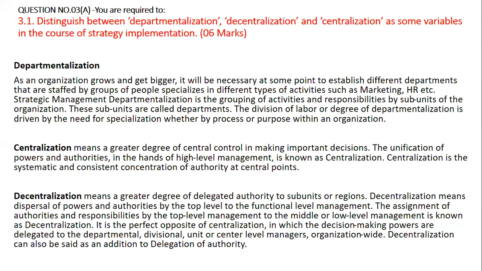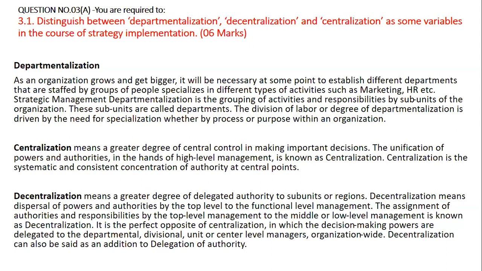See, as an organization grows and gets bigger, it will be necessary at some point to establish different departments that are staffed, meaning consisting of employees, by a group of people who specialize in different types of activities such as marketing, HR and so on, as I explained.